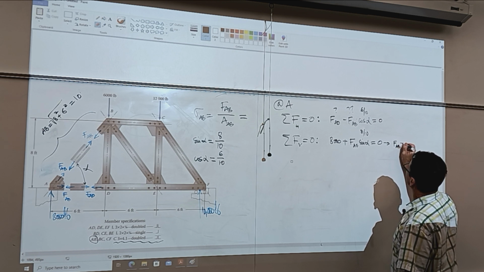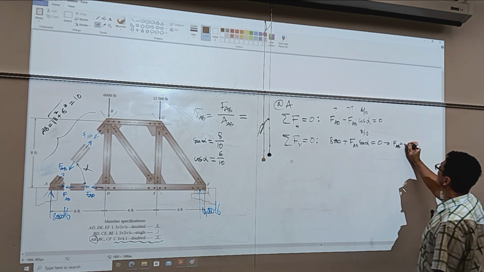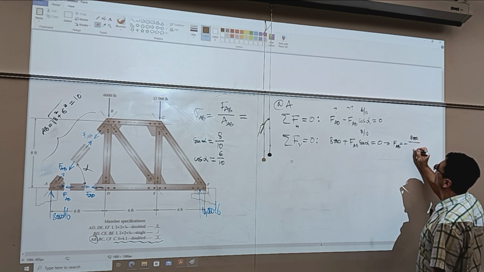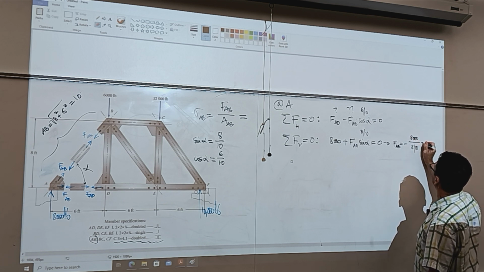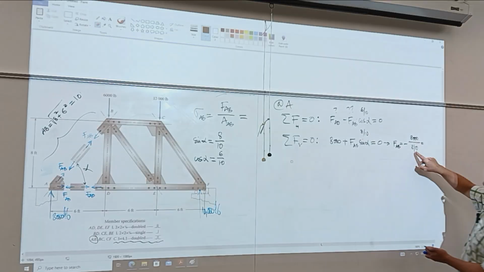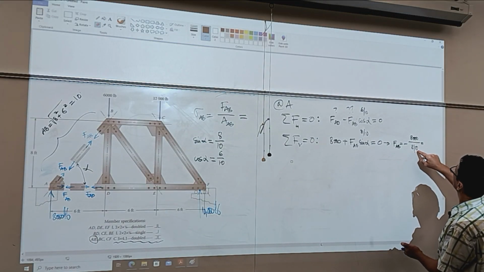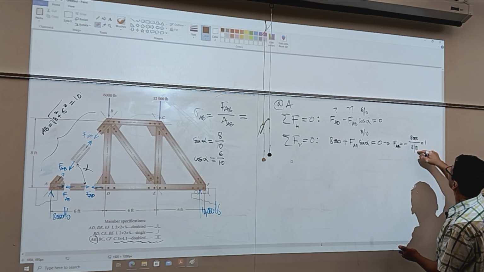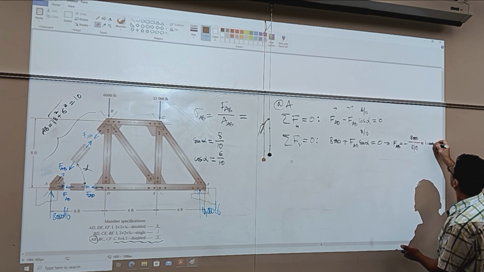FAB is going to be negative 8,000 over 8 over 10, so 80,000 over 8. That is negative 10,000 pounds.